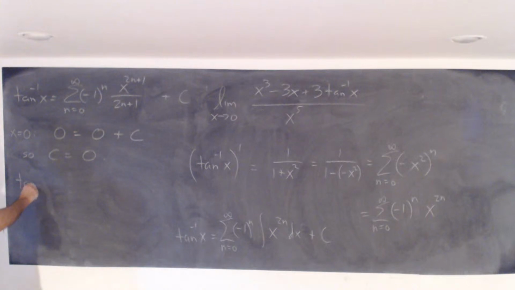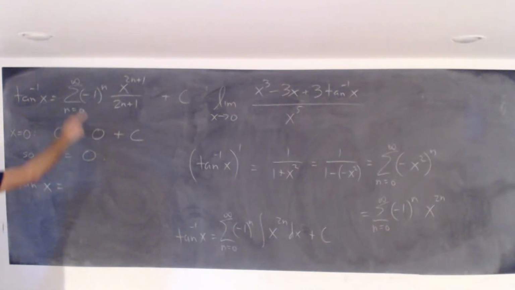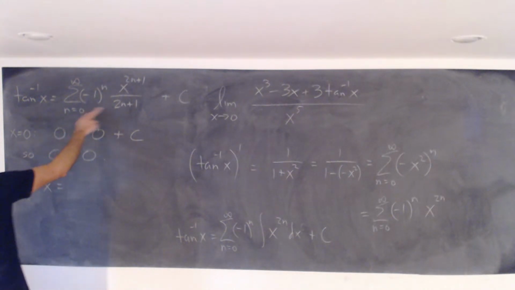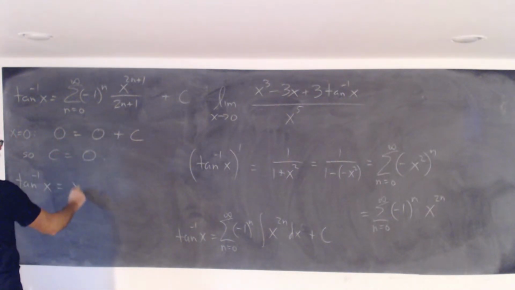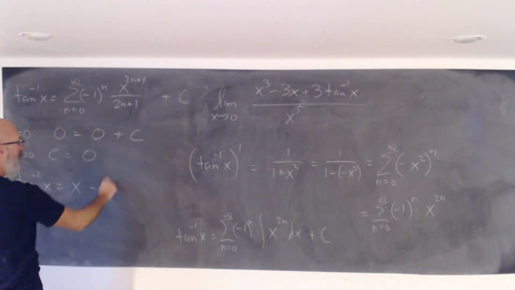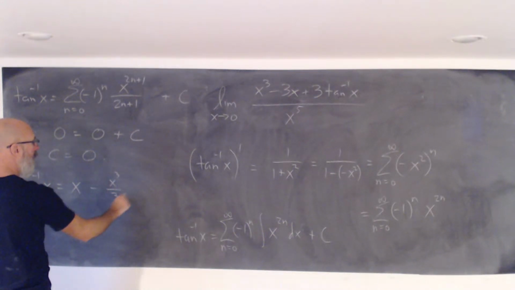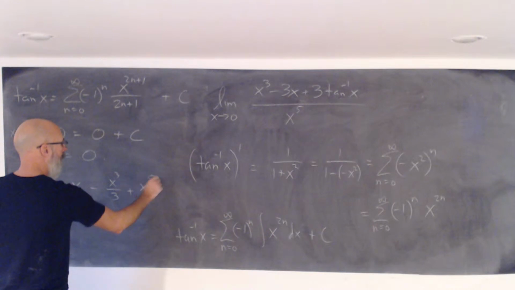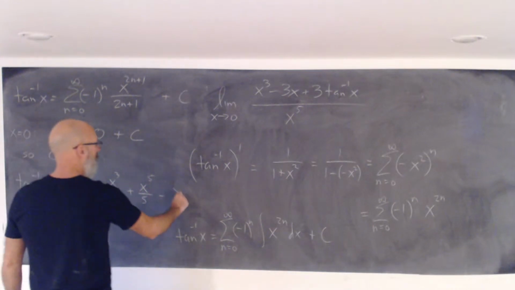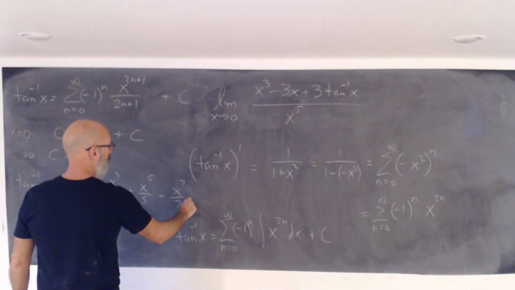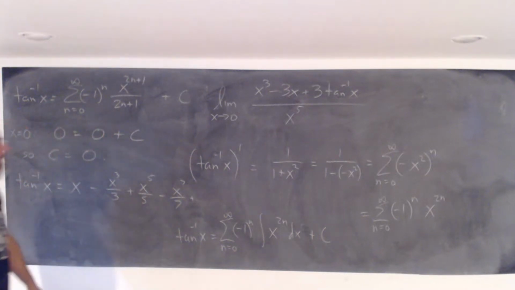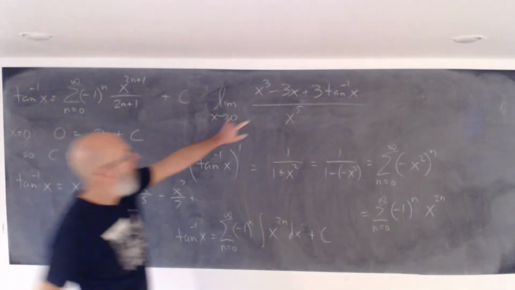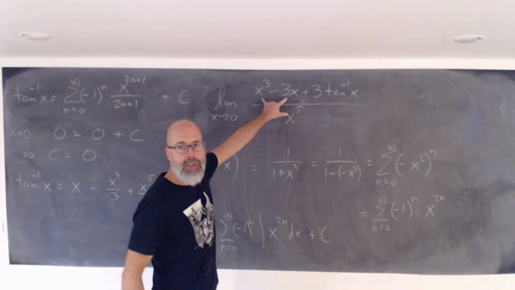So arctan has Maclaurin series x minus x cubed over 3 plus x to the 5 over 5 minus x to the 7 over 7, and so on and so on. So now, add this business.